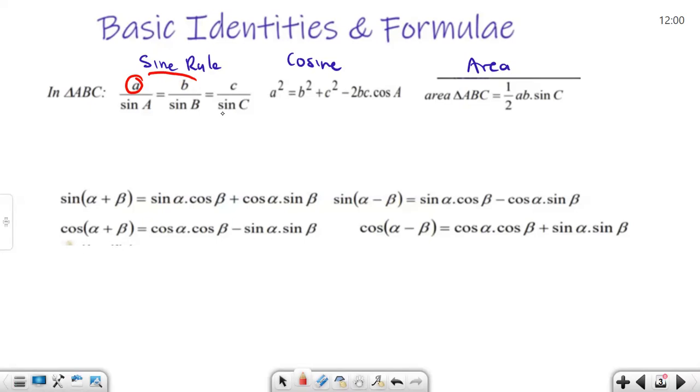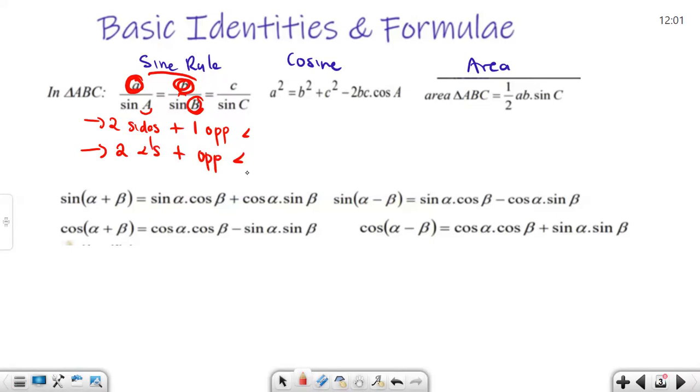So I can use the sine rule in this condition when I have two sides plus one opposite angle. This angle has to be opposite. Or I can use it when I have two angles plus the opposite side. Sine has to do with the opposite because if I look at the definition of sine, it is opposite.